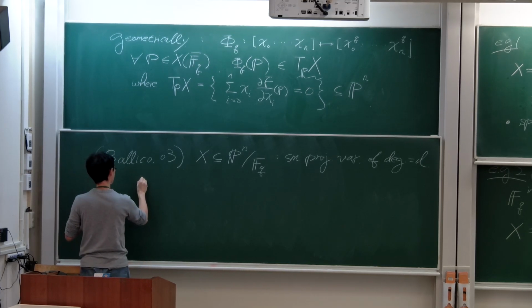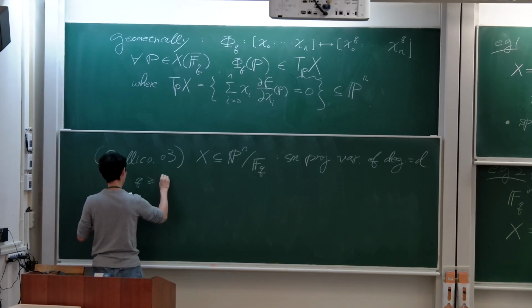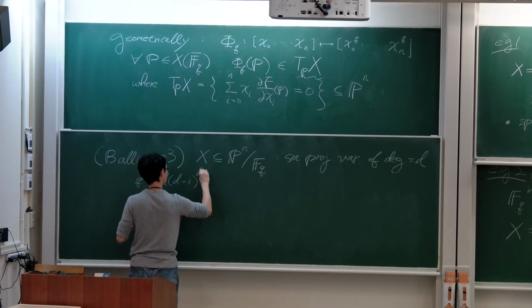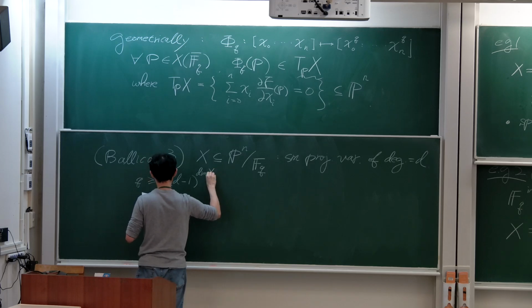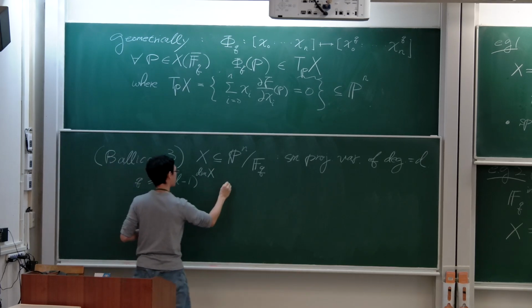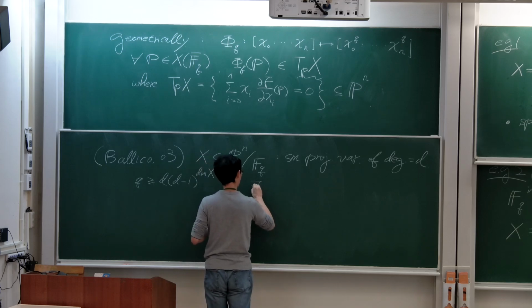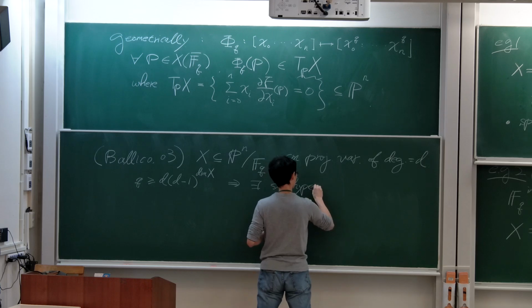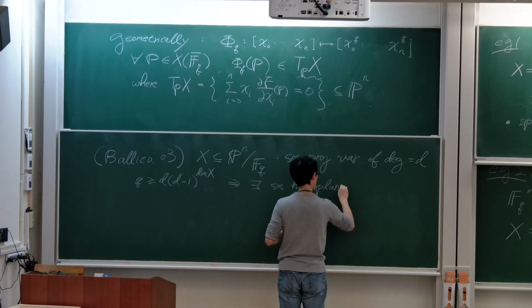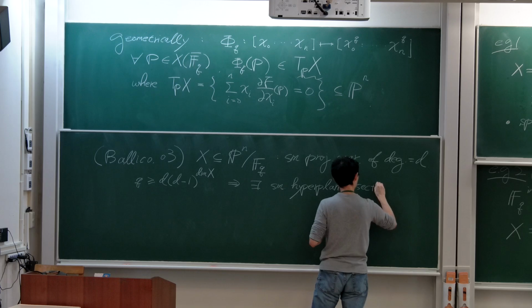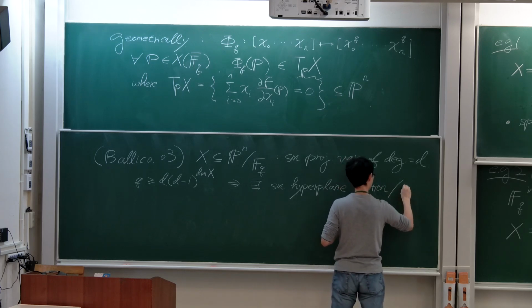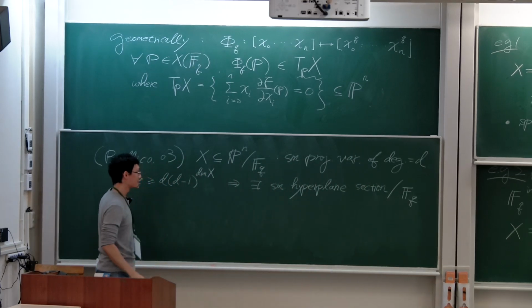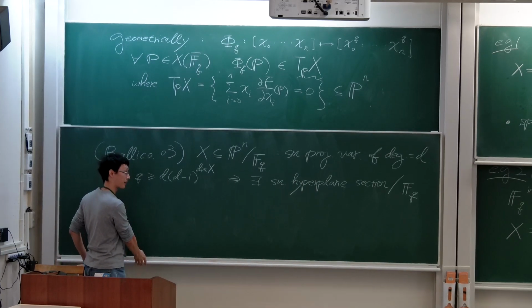The answer is once your q is at least d times (d minus 1) to the power of the dimension of X, then there is a smooth section over the same field. And this result holds for any smooth projective variety.